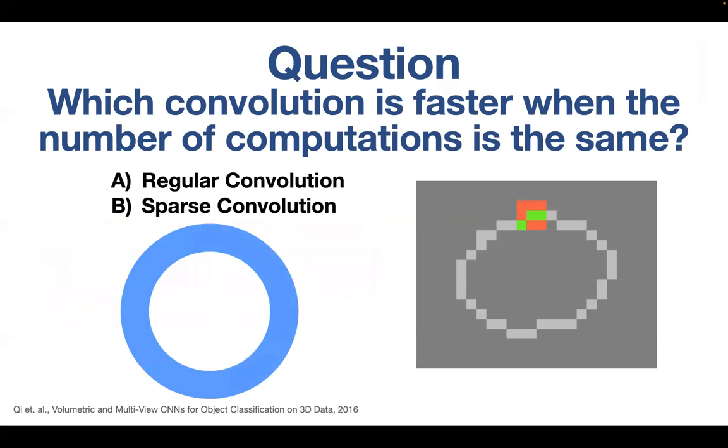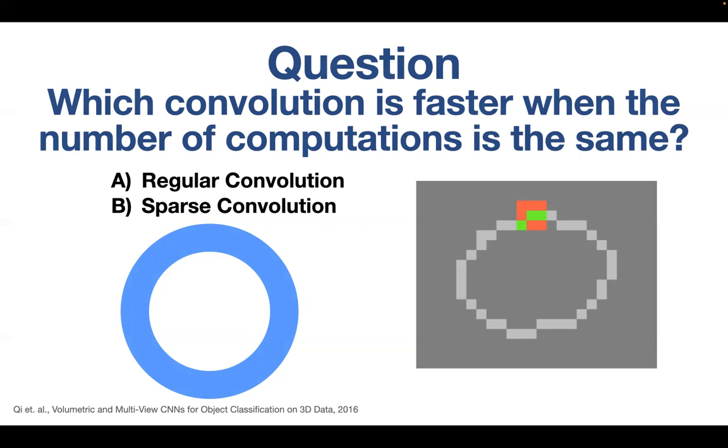So let's have one question. Which type of convolution do you think is faster when the number of computations we are going to perform is the same? A, regular convolutions, B, sparse convolutions.